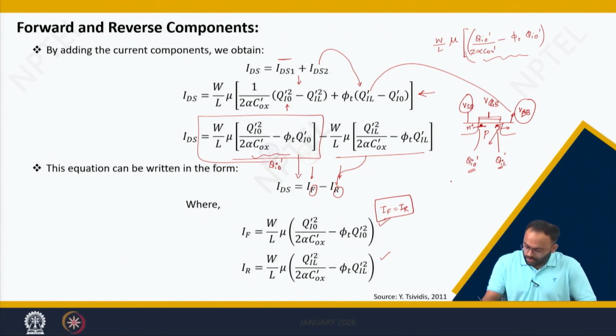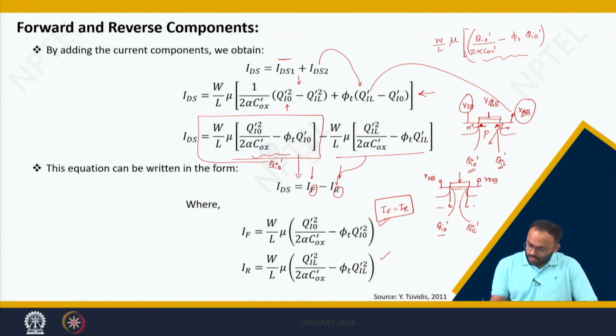Let me make it clear. Suppose you are applying VDB exactly equal to VSB and you are applying a gate voltage, let us say a gate voltage which makes the channel inverted. So in the channel the inversion charge is present between 0 to L. In that condition Qi dash 0 is exactly equal to Qi L dash.